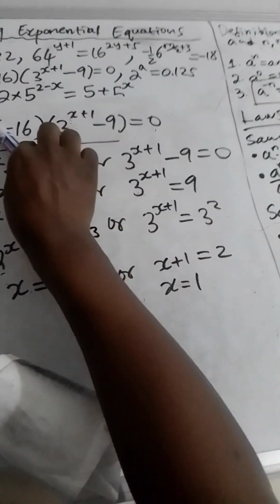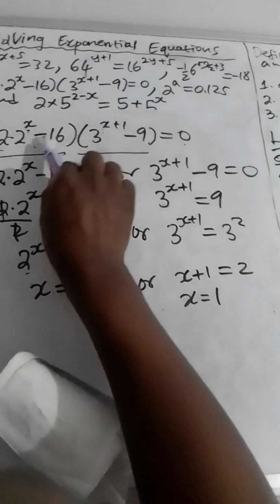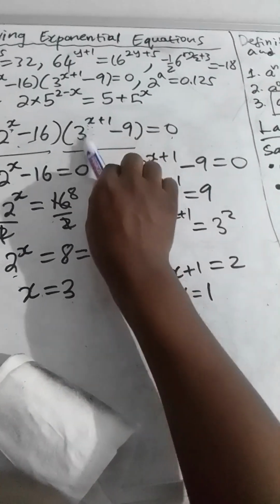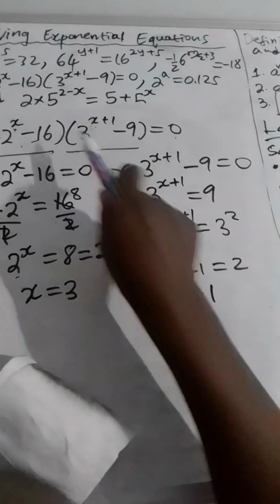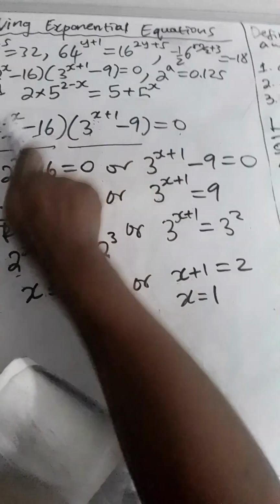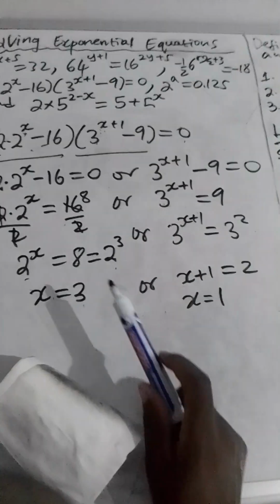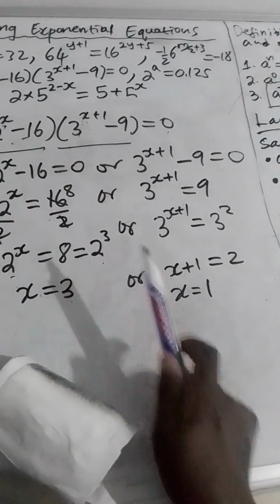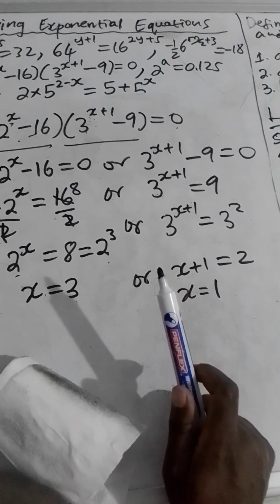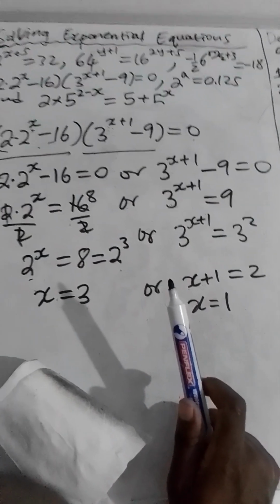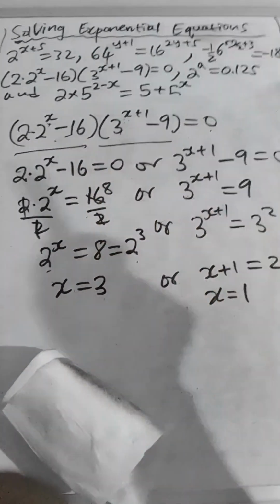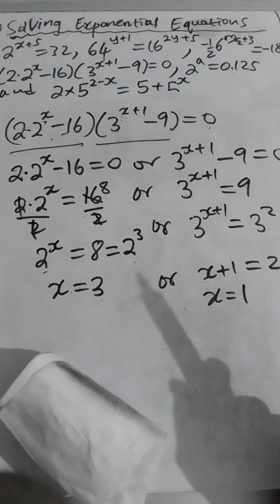2 to the exponent 3 will be 8, times 2 is 16, minus 16 is 0. If we put 3 here, we get 4. 3 to the exponent 4 is 81, but already this is 0. So multiplying 81 minus 9 with the 0 will give us 0. So this works. If you have x equal to 1 and put it here, you get 2 to the exponent 1, which is 2, and 2 times 2 is 4, minus 16 is negative 12.